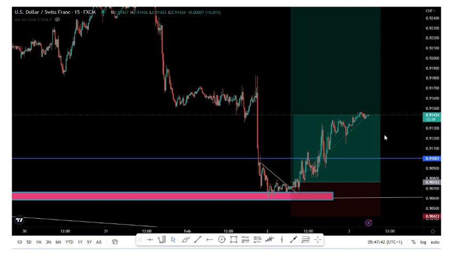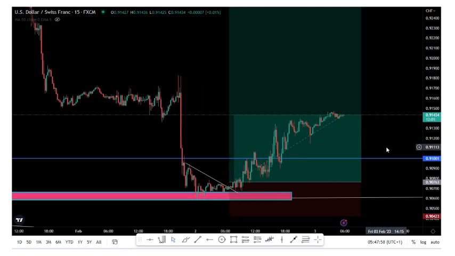When you see these signals close to your support or resistance, you are likely going to have a better entry than before. I'm going to be sharing this on candlesticks.